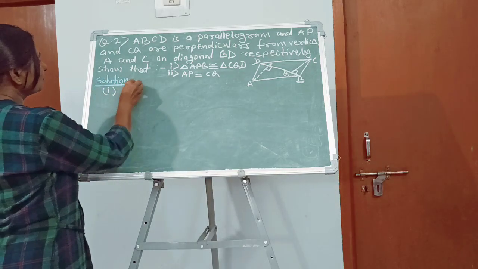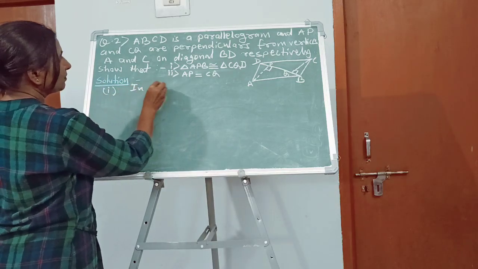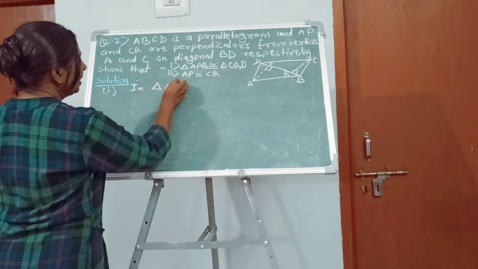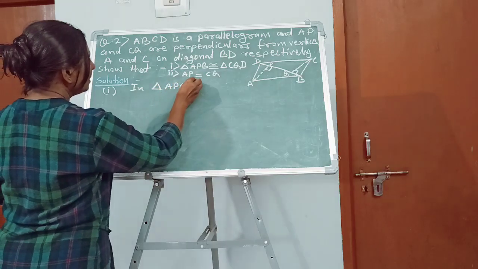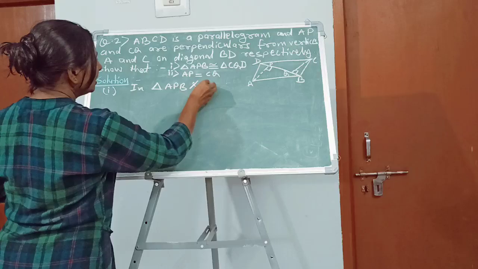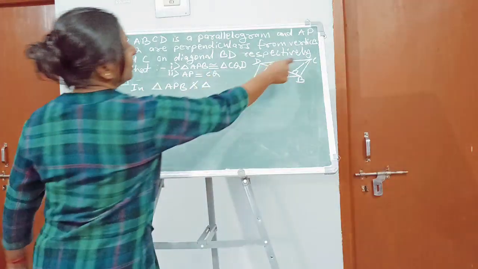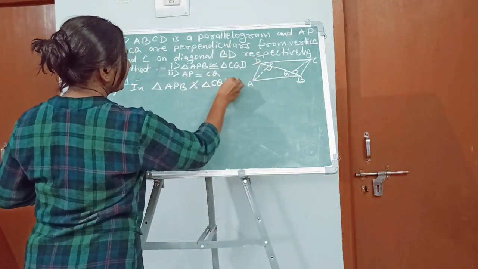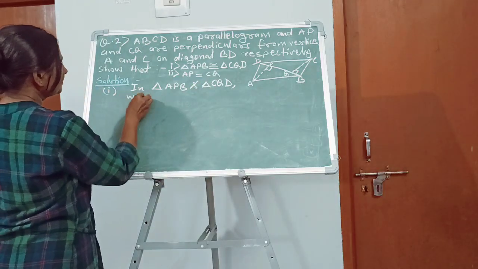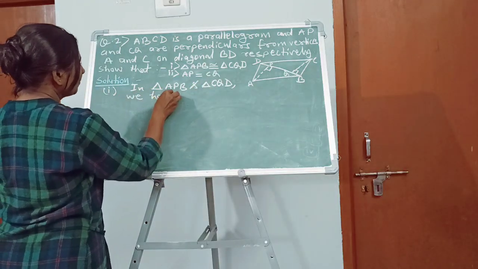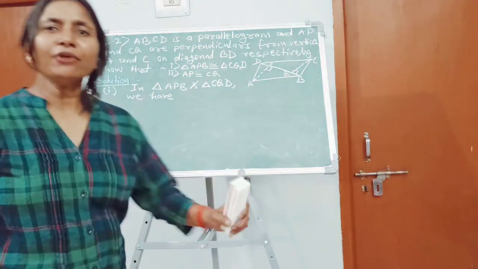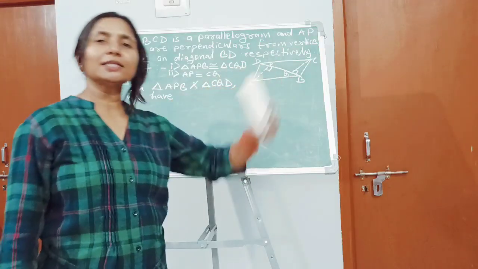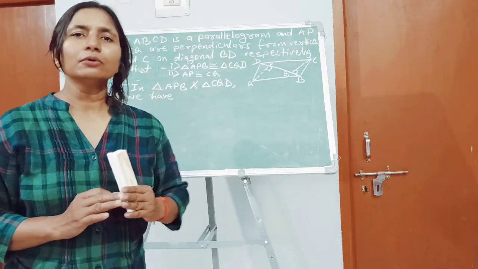In triangle APB and triangle CQD, we have, dear children, if we have to show that these two triangles are congruent, what we have to do?